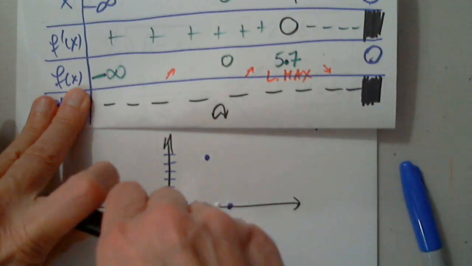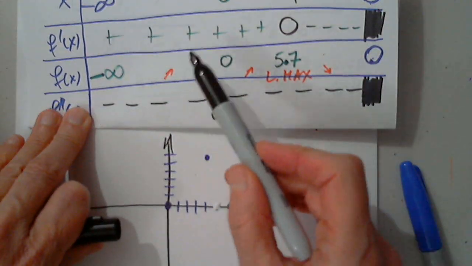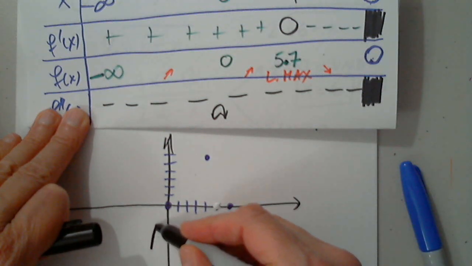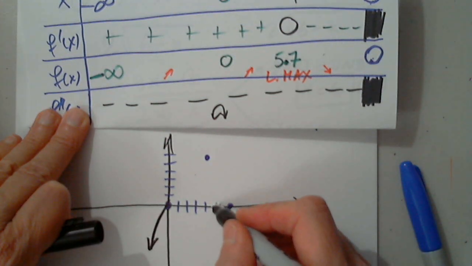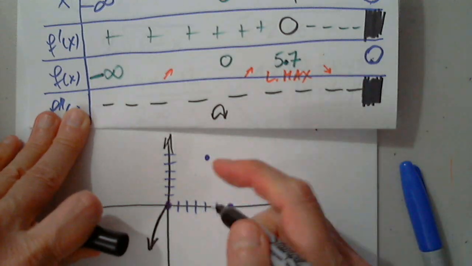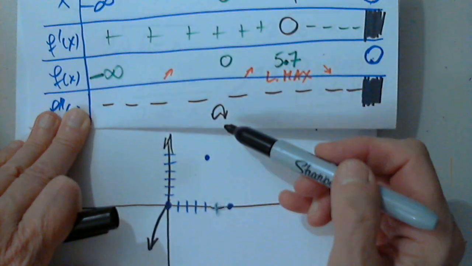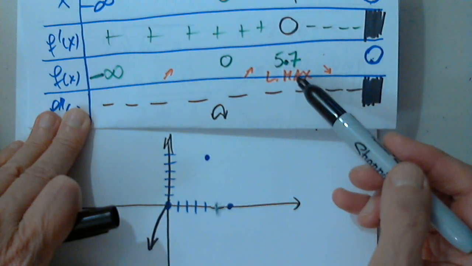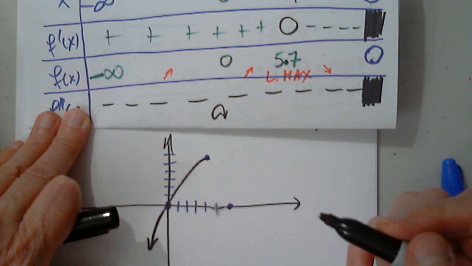Perfect. So then it's coming from negative infinity, opening down, increasing through the origin. Okay. So then it continues to increase to the local max, which now I know is an absolute max.